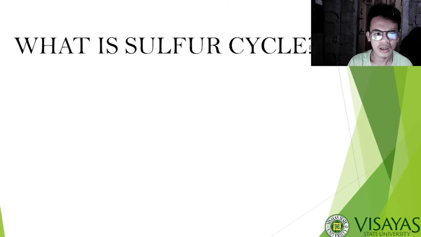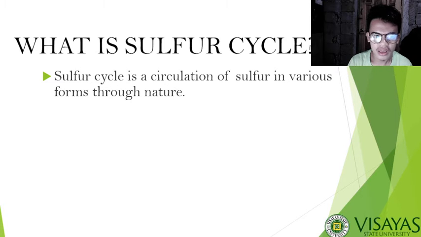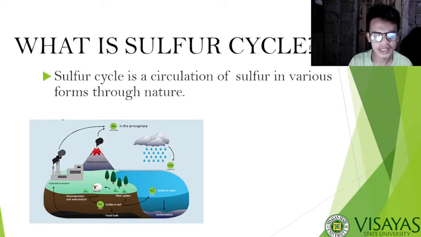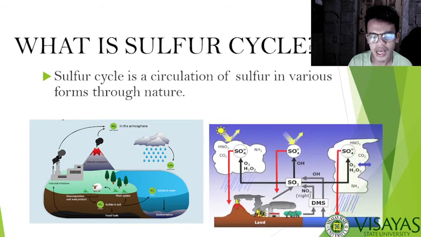Next, what is the sulfur cycle, our main topic? The sulfur cycle is the circulation of sulfur in various forms through nature. This is a sample of the sulfur cycle, and this is another sample.